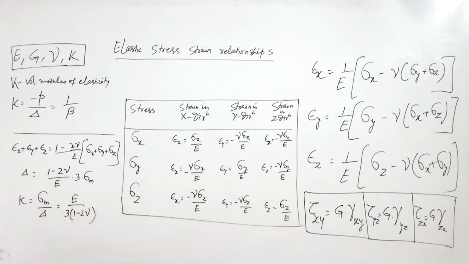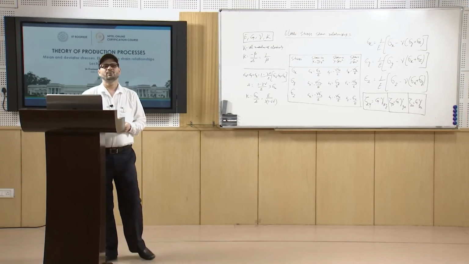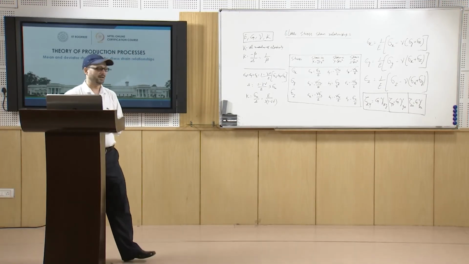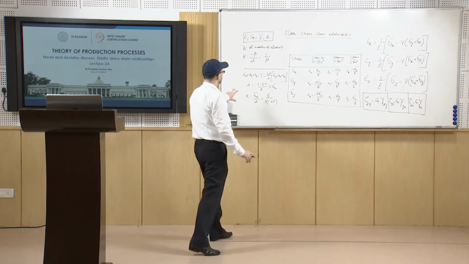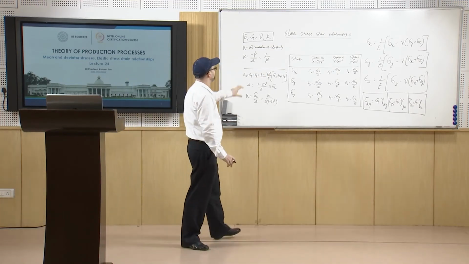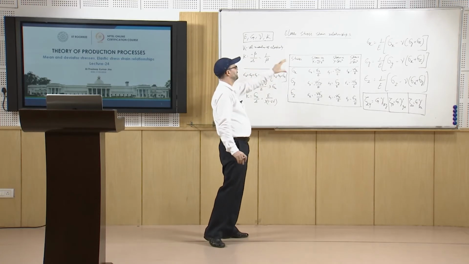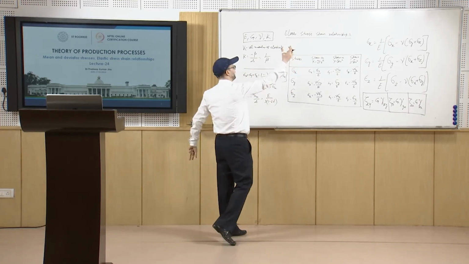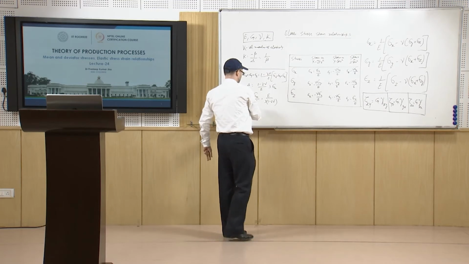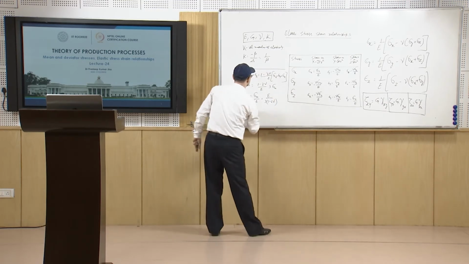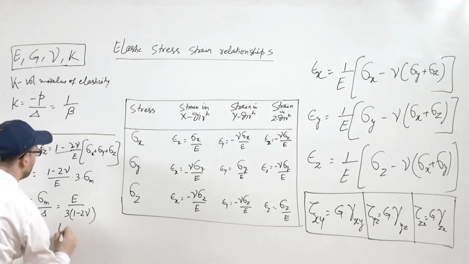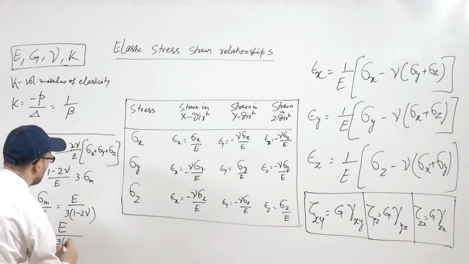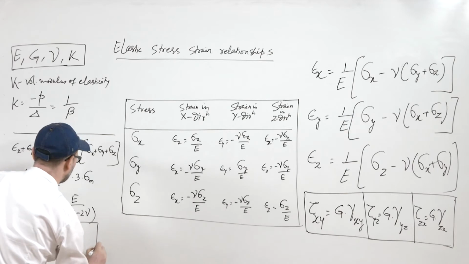This is one of the relationships which you get by adding these equations. So you will have K as E upon 3 into (1 minus 2 nu). This is one of the equations.